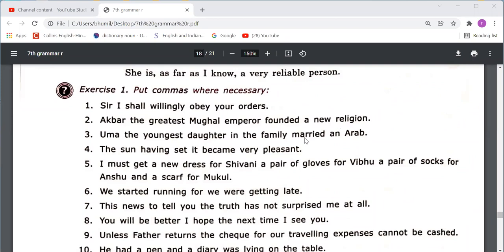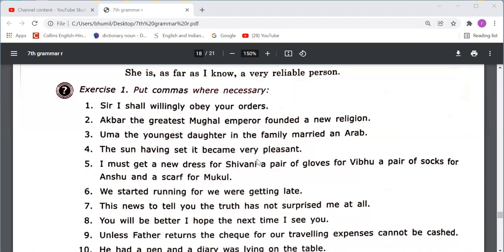Next sentence, the sun having set, it became very pleasant. So who will let me know about sentence number 4? Yog Chaudhary, you please tell me. Sir, after it.